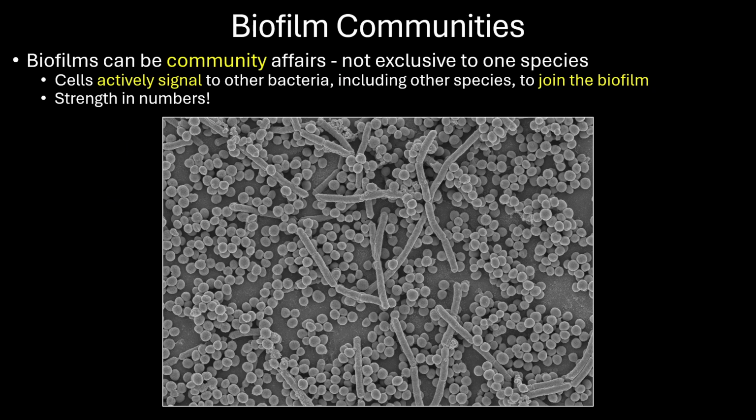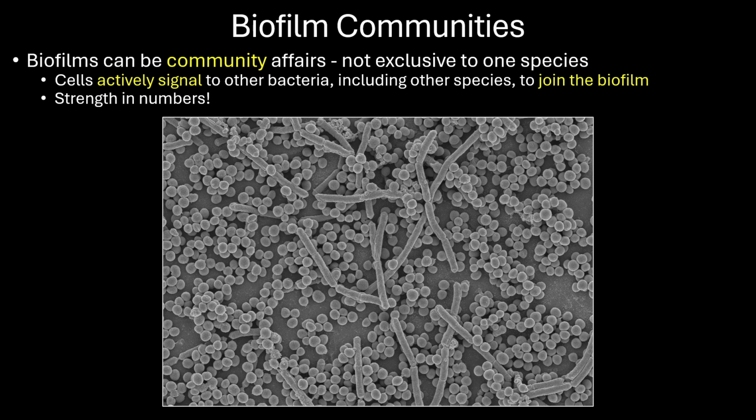Now, like I mentioned before, biofilms can be a community affair, not necessarily exclusive to one species. So cells are actively signaling in their environment to other bacteria. Essentially, they're putting up signs that say, hey, there's space here, come live with us. They're actively recruiting for their biofilm.